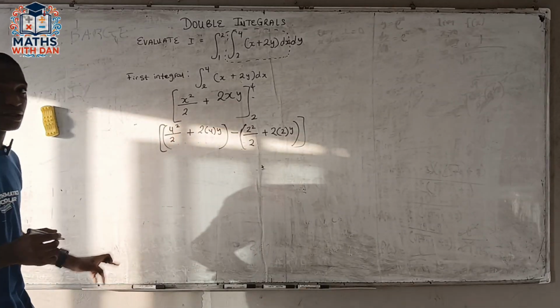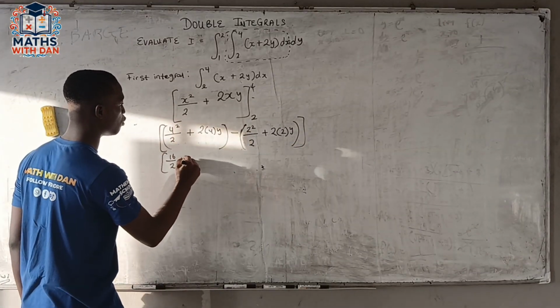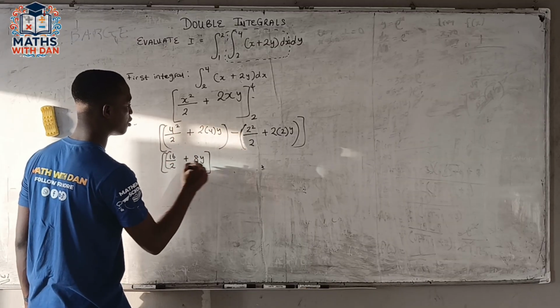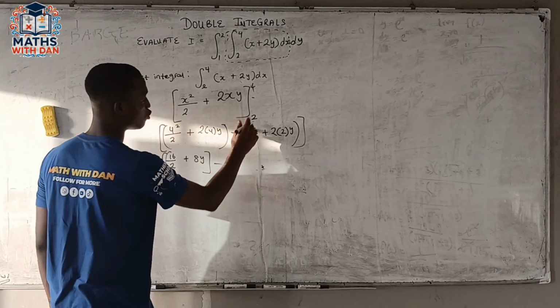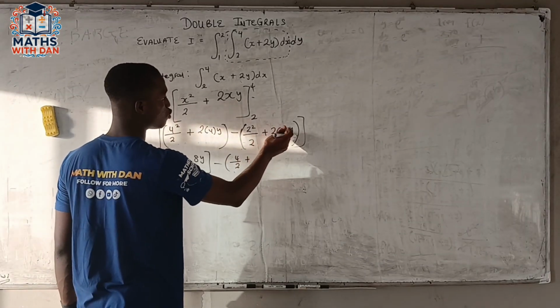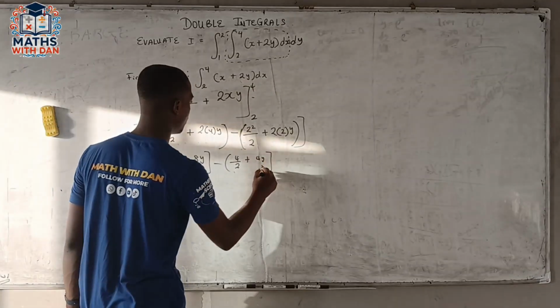4 squared is 16. Then that'll be 16 over 2 plus 2 times 4 is 8y. Right? Minus 2 squared is 4 over 2, plus 2 times 2 is 4y. Right?